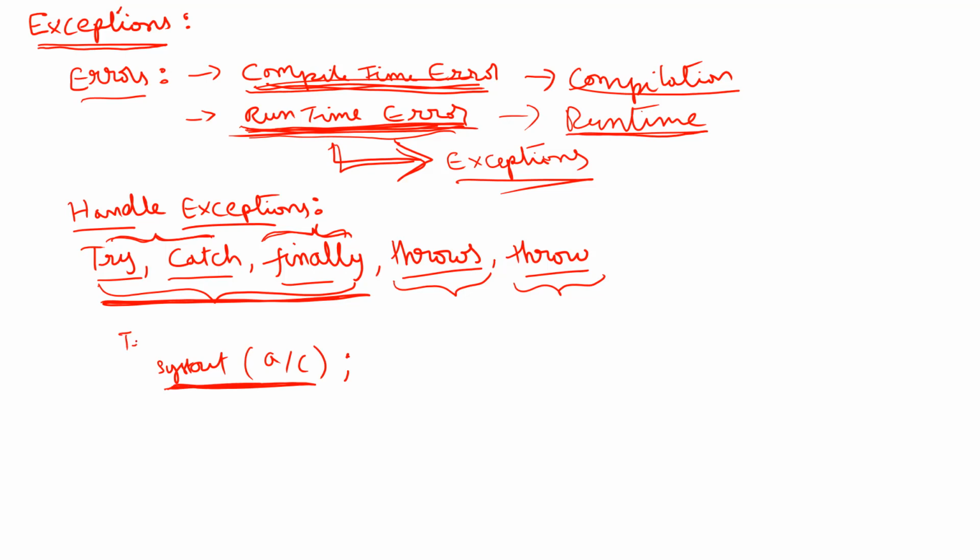Whatever code gives a problem, that gives an exception, we'll keep it in a try block. Once we put it in a try block, after this we will have a catch block.